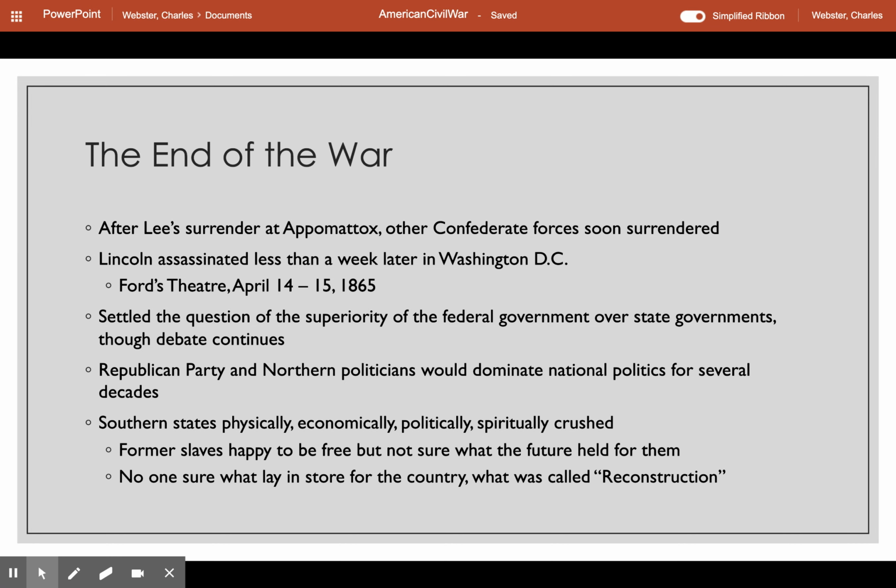And Lincoln was soon assassinated, not even a week after Robert E. Lee surrendered at Appomattox. Lincoln was assassinated right in Washington, D.C., at Ford's Theater on April 14th. And then he died in the morning of April 15th, right across the street in Peterson House in 1865.